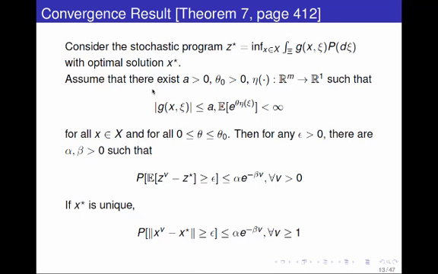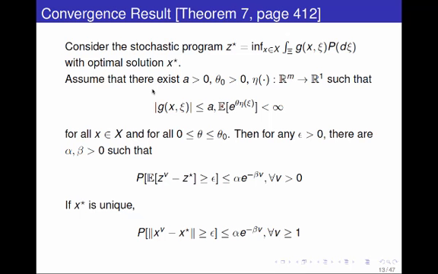the chances of the objective function value of the approximate problem, the SAA problem, being out of a sphere around the true objective function value decrease exponentially with the number of samples that we're using.